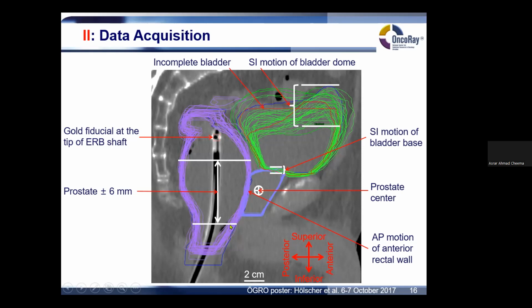So in order to eliminate this confounding factor, the rectal volume was considered only around the prostate, because this is the rectal volume which can influence the prostate to a greater extent. This part of the rectum seemingly can't influence the prostate motion.